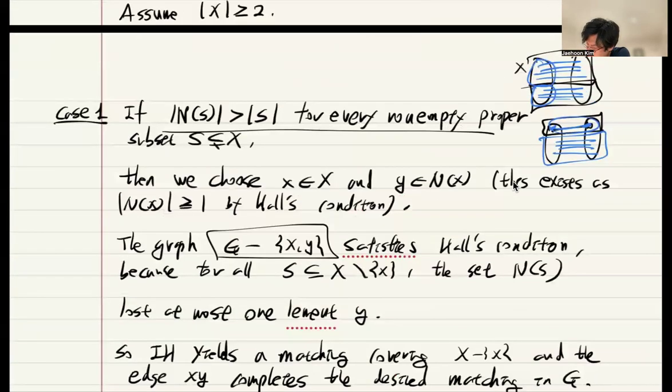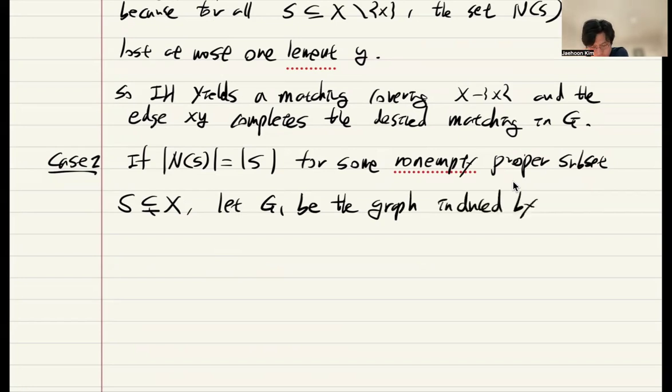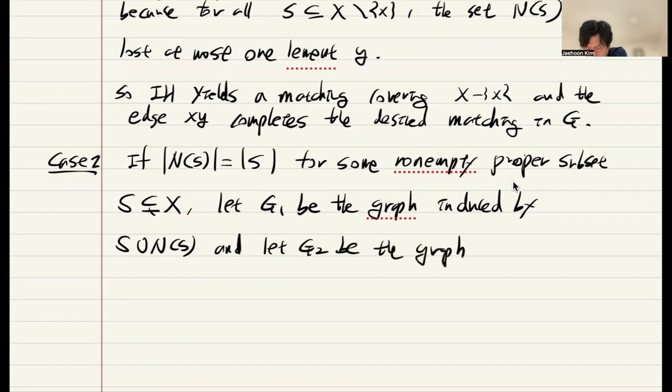Now, we take S as this part. So let G1 be the graph induced by S and its neighborhood set. And let G2 be the remaining graph.